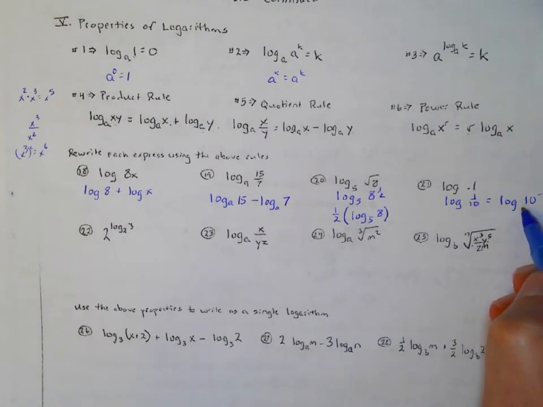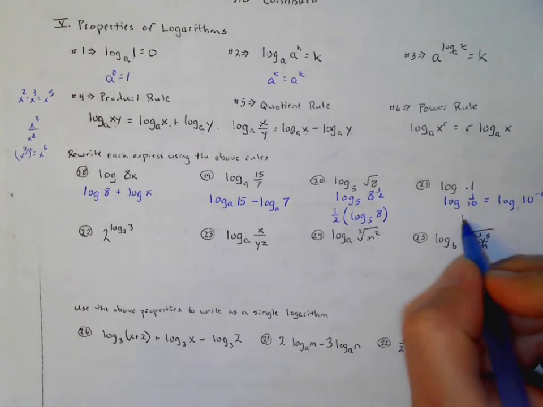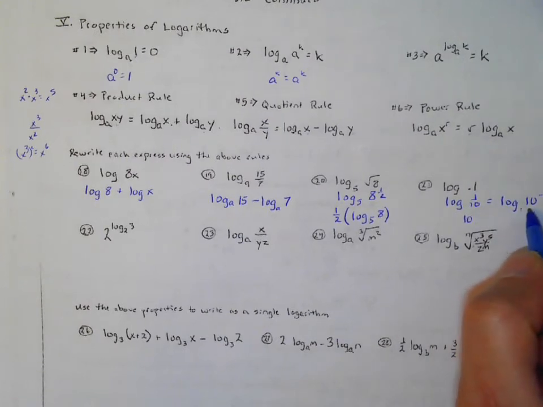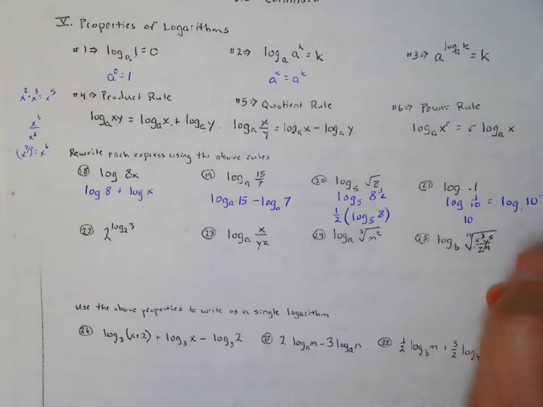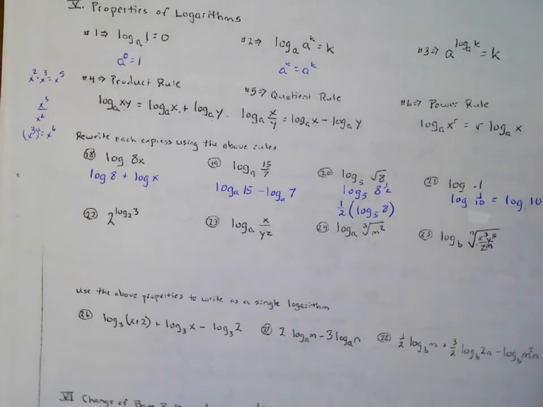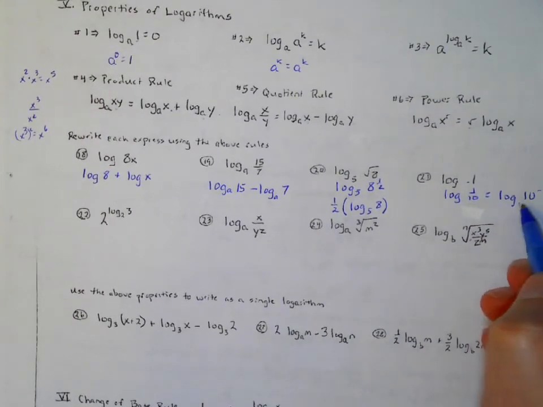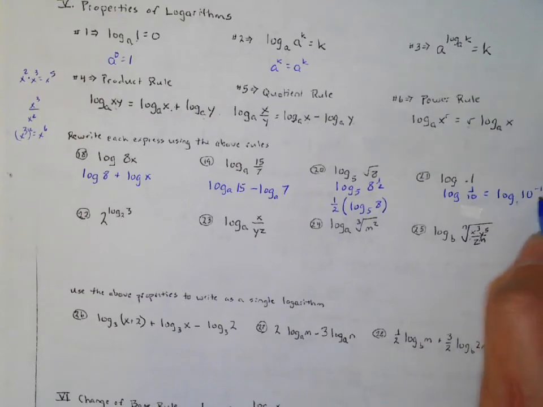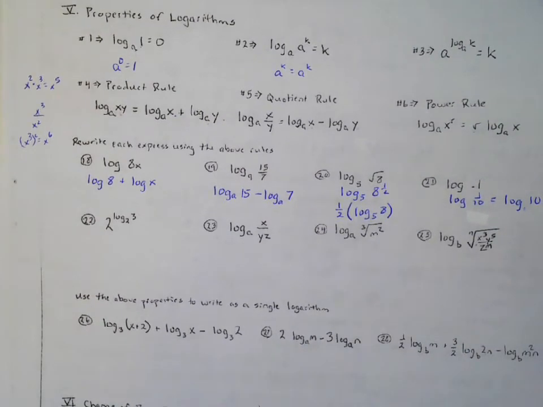Remember this is base 10. Let's think of this as the log base 10 of 10 to the negative 1. Those are kind of inverses of each other, so my answer is really just that exponent of negative 1.